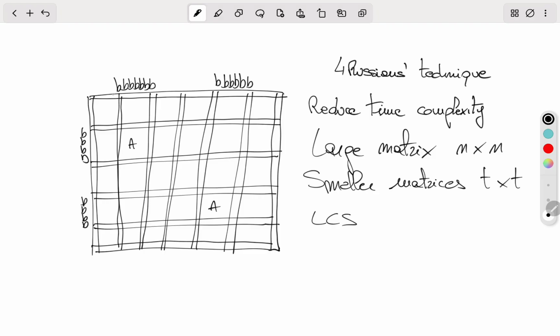The first one: what are the elements of my problem?